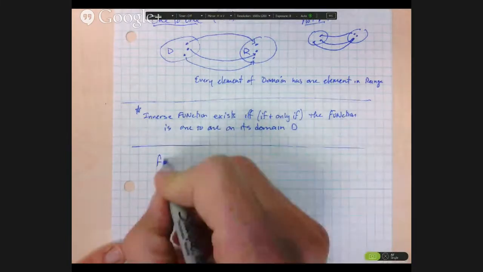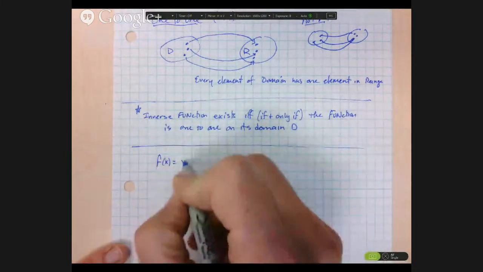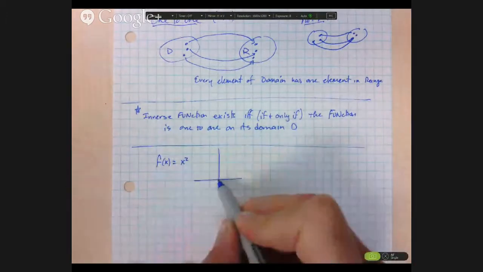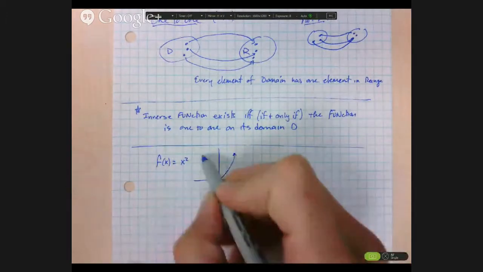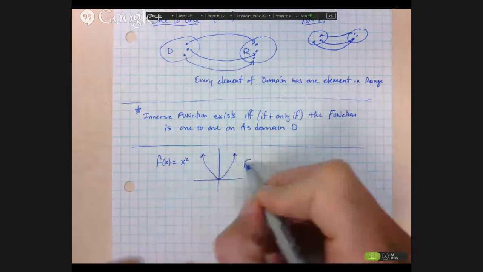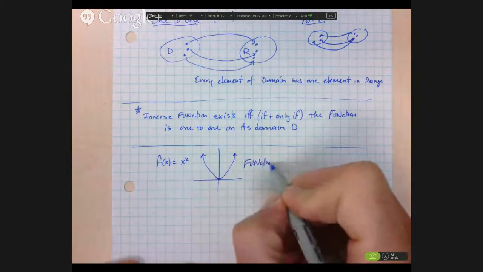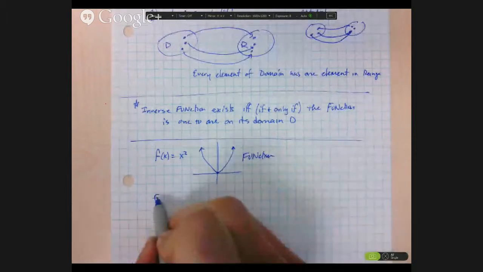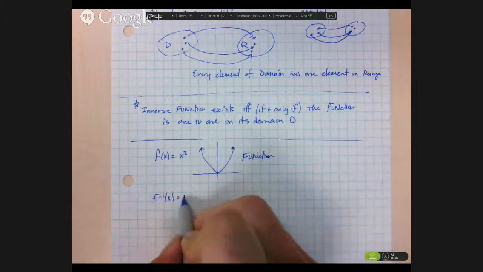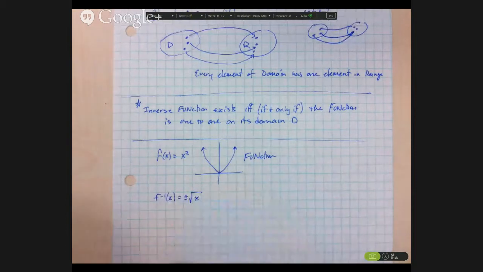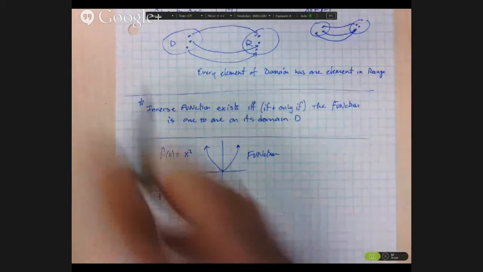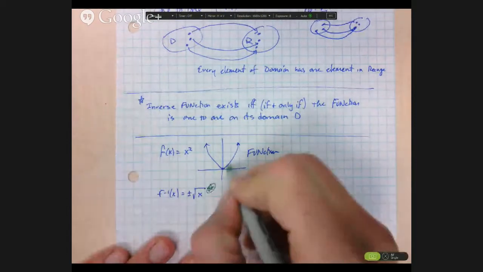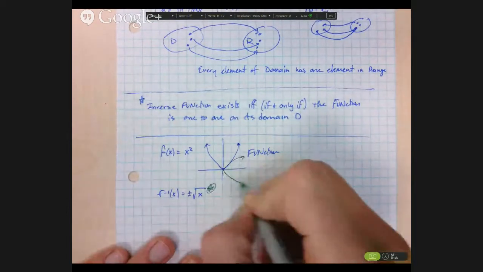One thing you do need to be aware of: if I have f of x equals x squared, the graph looks like that. F inverse, we'll put it in green, looks like that.